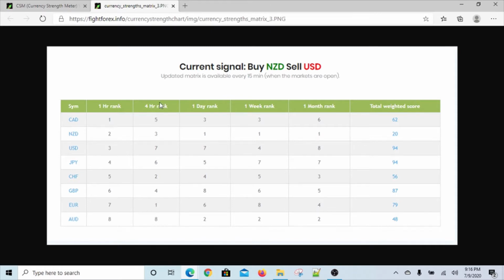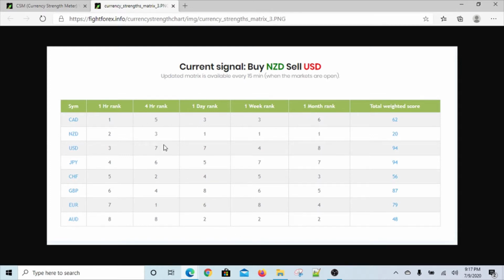What the matrix typically does is it takes all those 8 individual major currencies and ranks them from the least to the highest based on their strengths. It takes the 1-hour currency strengths meter readings, ranks the currencies on the 1-hour chart from 1 to 8, and then corresponding ranks for the respective time frames are plotted on the same table.